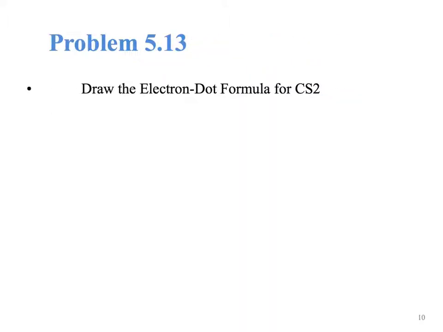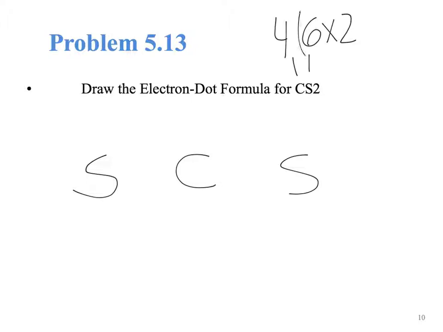So let's draw the electron dot formula for CS2. Carbon likes to make 4 bonds, sulfur likes to make 2, so carbon is the central atom. Carbon comes with 4, sulfur comes with 6 times 2, so we have a total of 12, 16 electrons. 1, 2, 3, 4, 5, 6, 7, 8, 10, 12, 14, and 16.